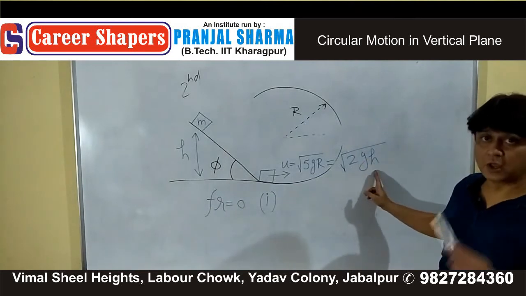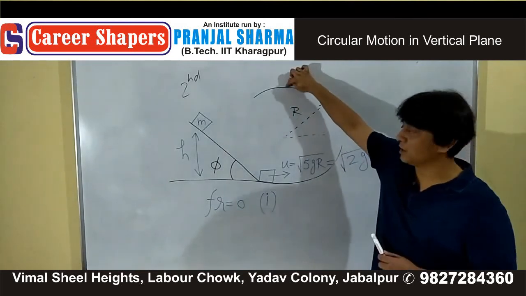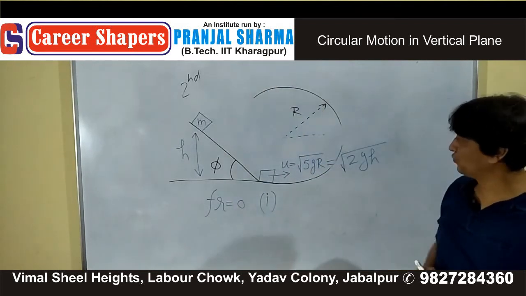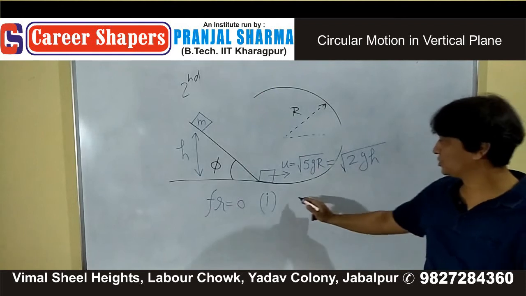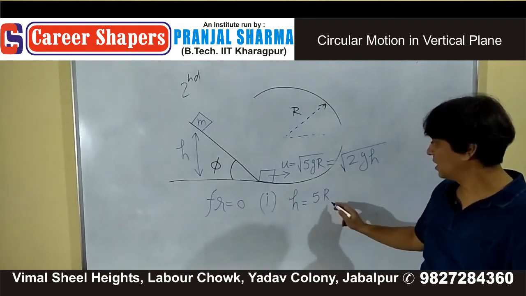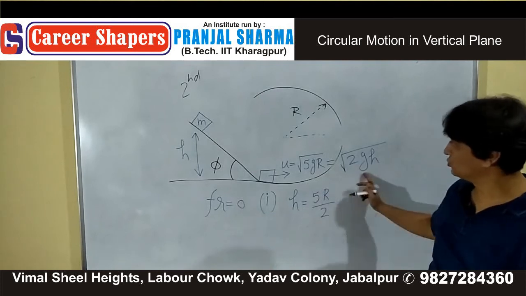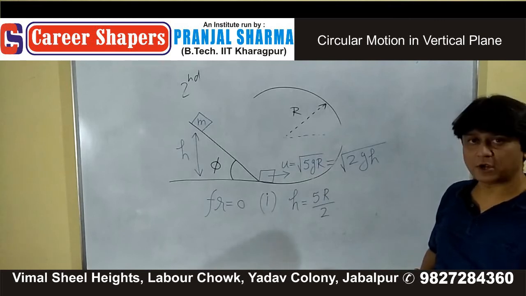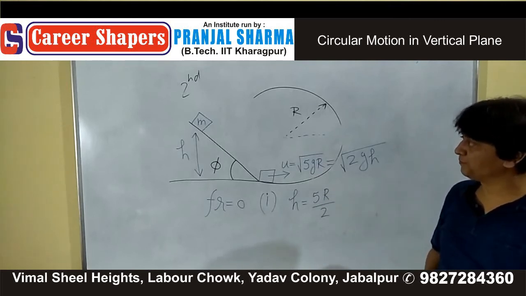Root 2gh. But to reach the highest point or to complete the full circle, you must have root 5gr. That gives you h as 5r divided by 2. G and G cancel the root sign, and you got h as what? 5r by 2. That's your first method.